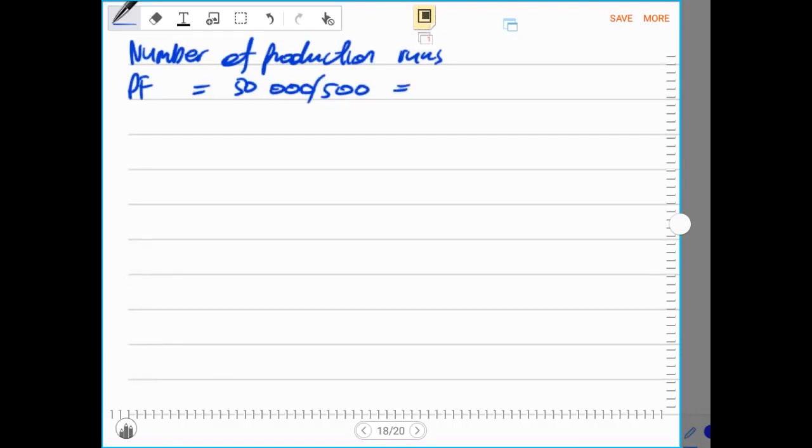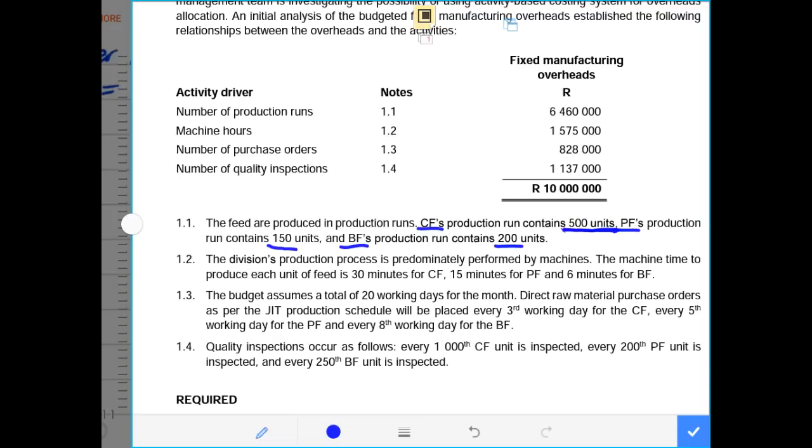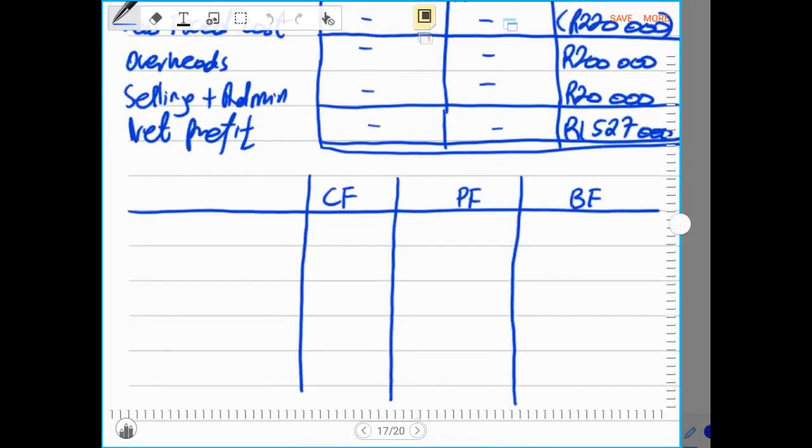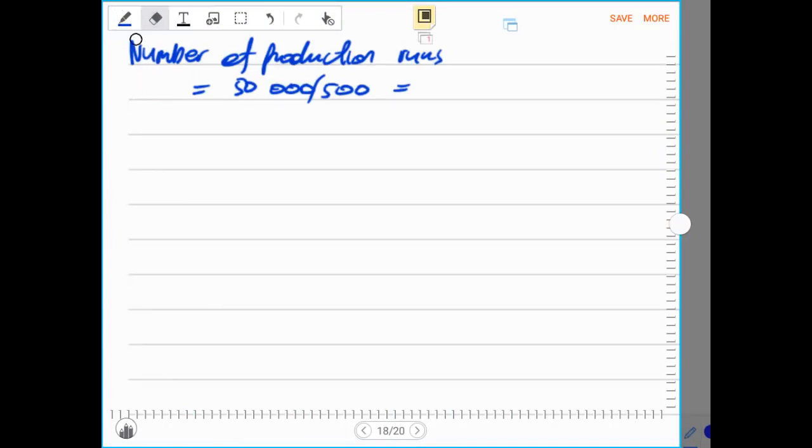So we have CF, PF, and BF. PF was 30,000, divide by 150.